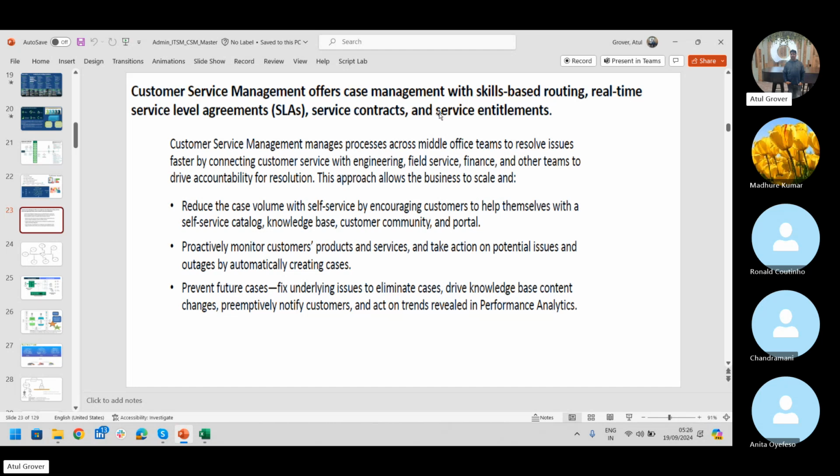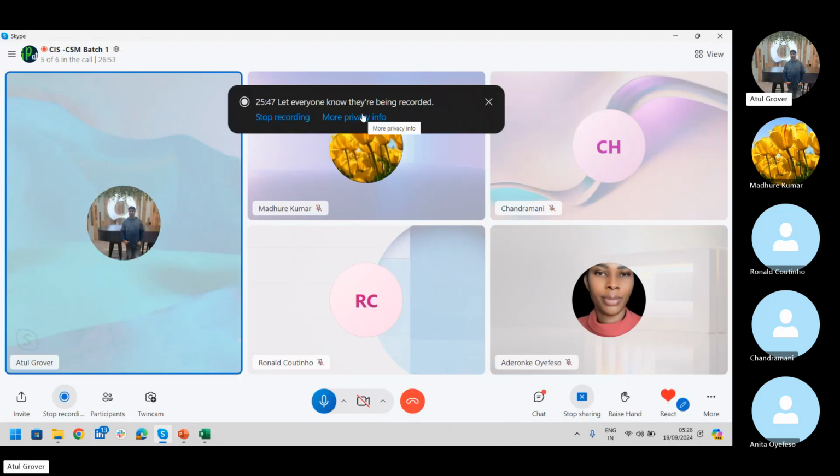Real-time service level agreements. SLAs are there. We have contracts. In India, there is no contract when you buy a mobile SIM. But in the US, UK, and other countries, there is a contract, say of 12 months, £25 per month for your internet bill. It means you can't leave or break the contract.